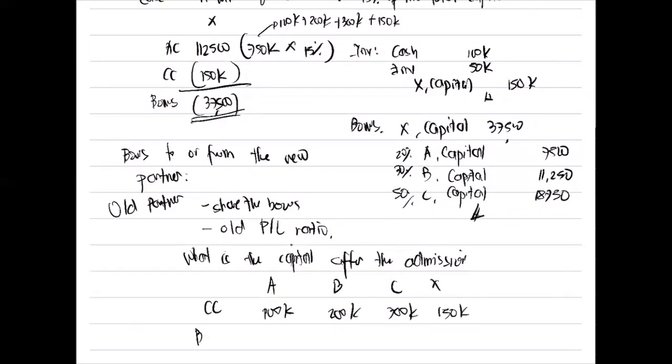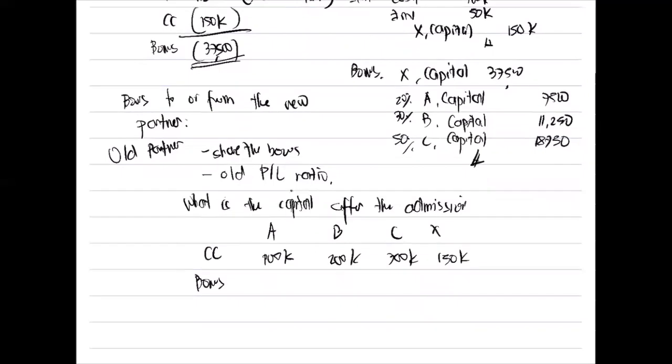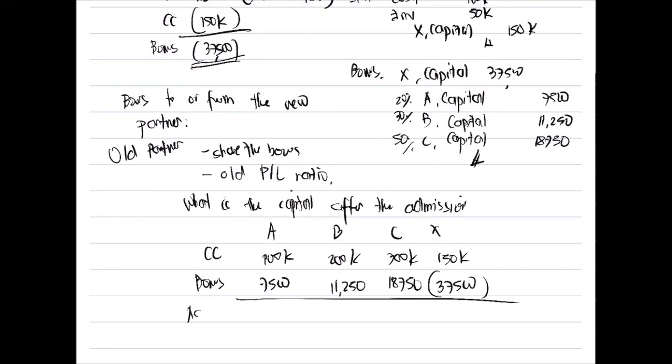And then we account for your bonus. So how did we account for your bonus? Binawasan natin si X. And then dinagdagan natin si A, si B, at saka si C. So what is the adjusted capital already? So for A, 107,500. For B, 211,250. For C, 318,750. And for X, you have 112,500.